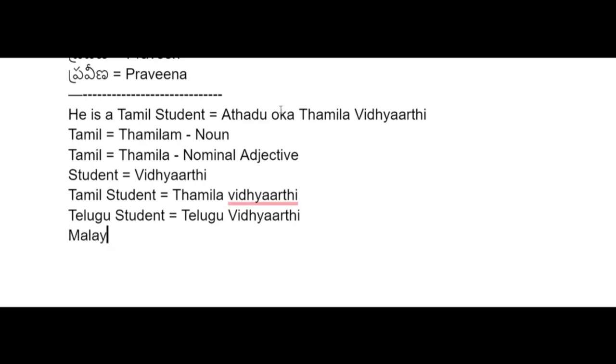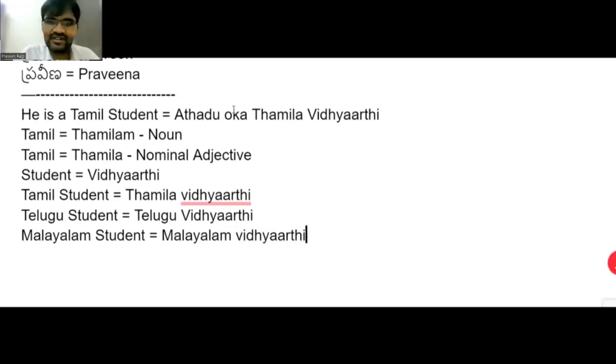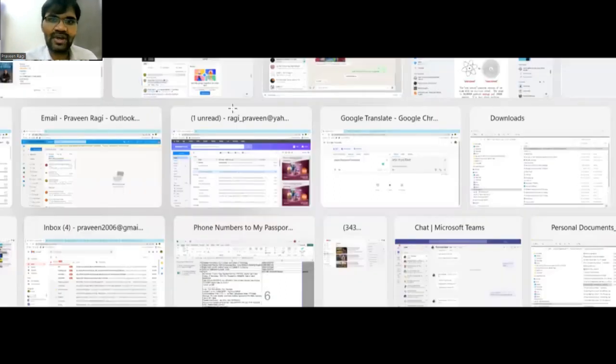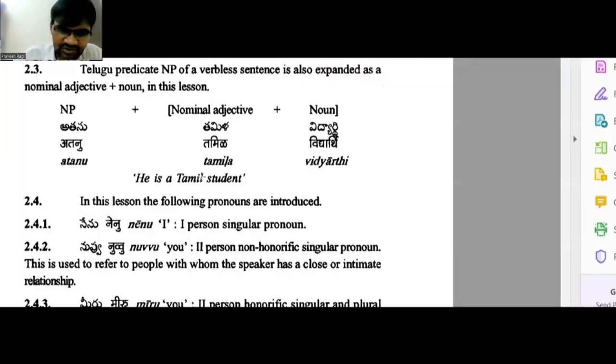Yes. Malayalam student. So it becomes Malayala. Yeah. Malayala Vidyarthi. Okay. So like this, it will change. Whenever there's sound, we just skip that one, then we make this change that you remember. Let's go back here. That's the change we use.